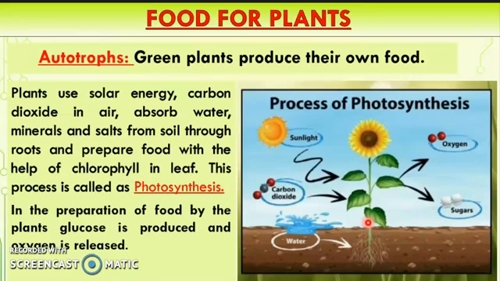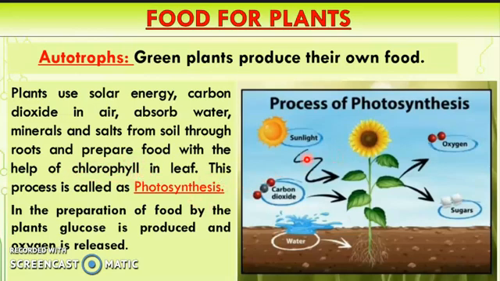Okay, and they prepare their food with the help of the chlorophyll in the leaf. The green color that you see in the leaves is called chlorophyll. Remember the point? The green color that you see in the leaf is called chlorophyll.